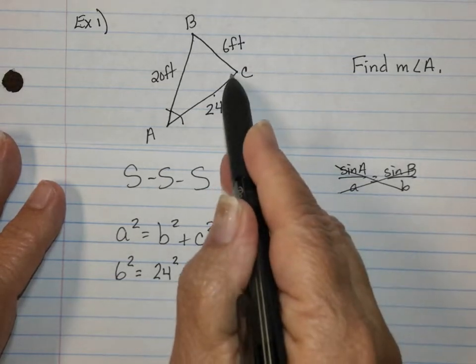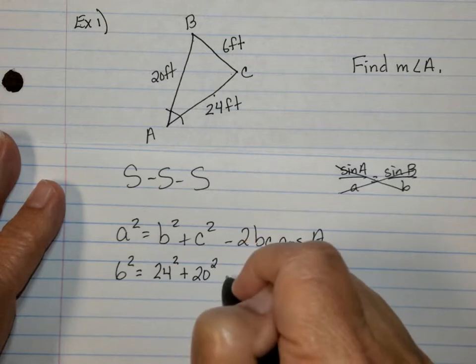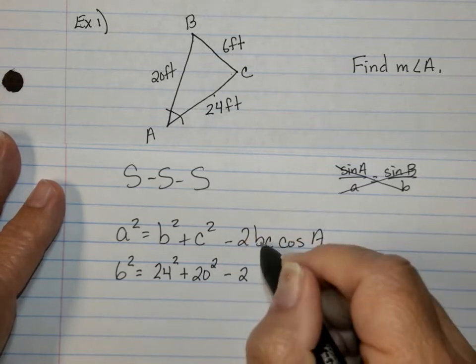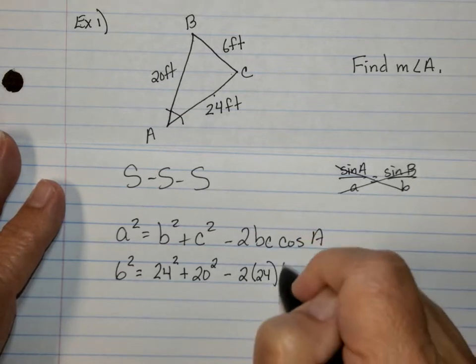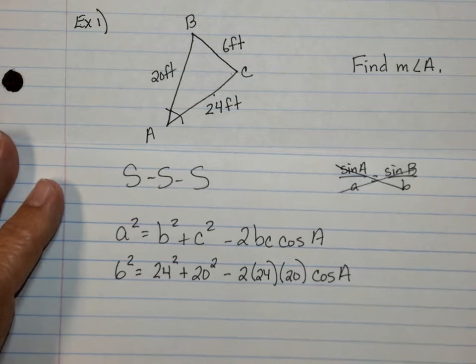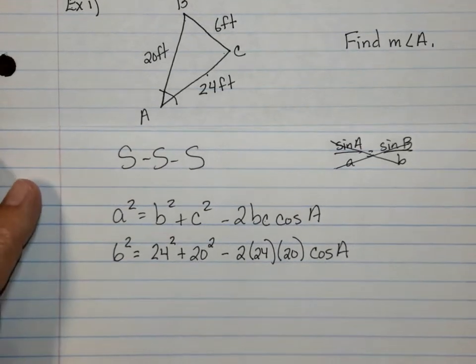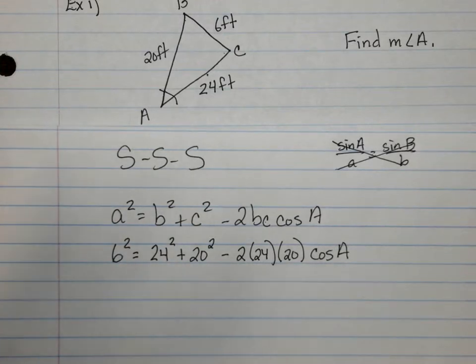And then side c is across from angle C, so that's 20. And so then side b was 24, side c was 20, and then cosine A. That is the work right there, knowing what your sides and your angles are, what's what. Now you've plugged it all in.